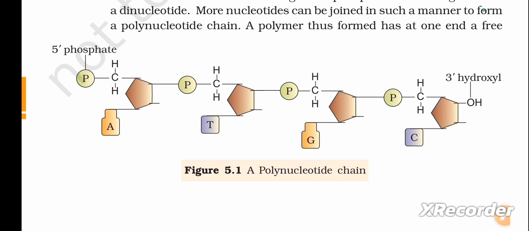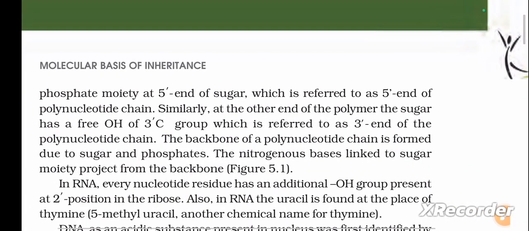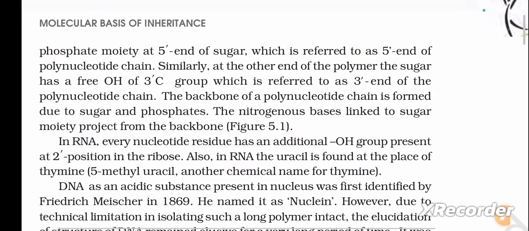A polymer thus formed has at one end a free phosphate moiety at 5' end of sugar, which is referred to as 5' end of polynucleotide chain. Similarly, at the other end of the polymer, the sugar has a free OH of 3' carbon group, which is referred to as 3' end of the polynucleotide chain.